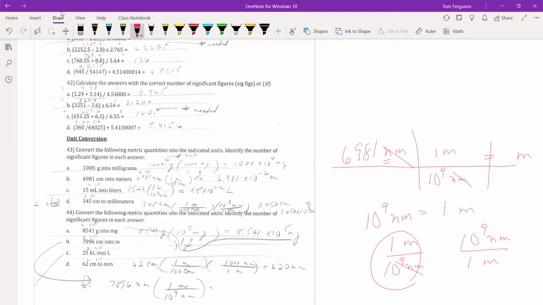So in our calculator, we're going to put in 6981 times 1. Hit the divide key, this is the bottom. And we're going to go EE 9 over 10 caret 9. Enter.